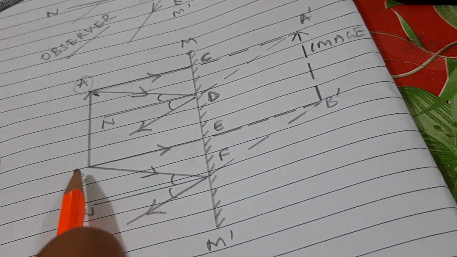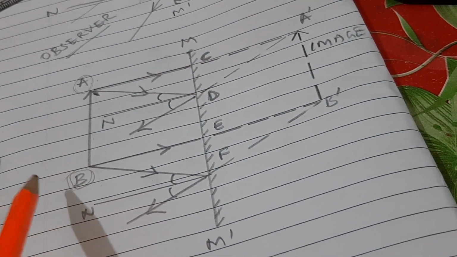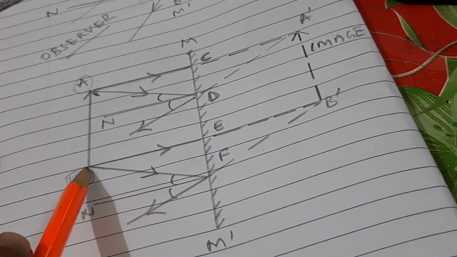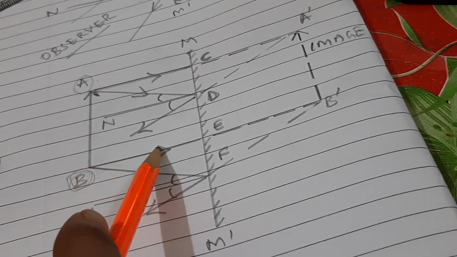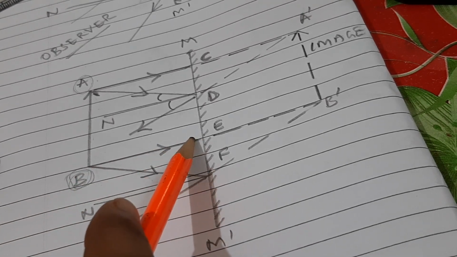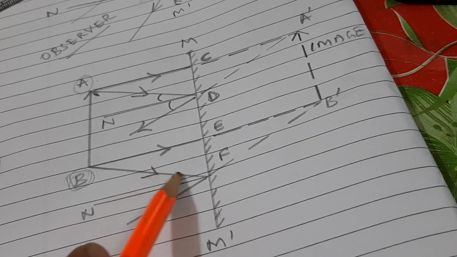Similarly, the point B of the extended object is sending incident rays which are falling on the reflecting surface of the mirror.